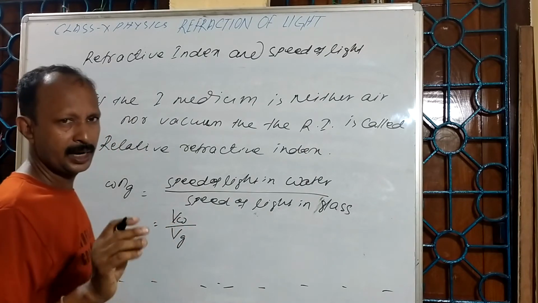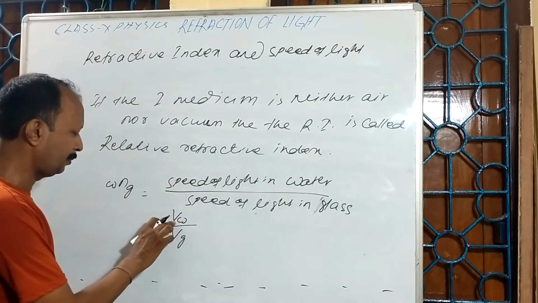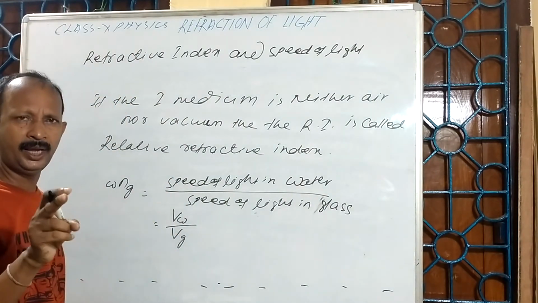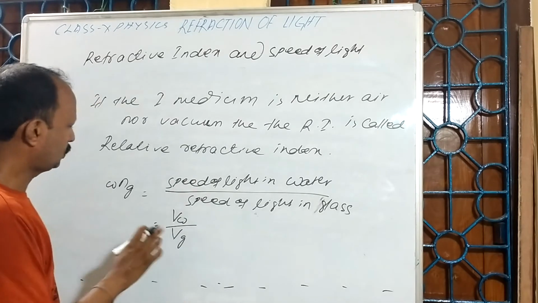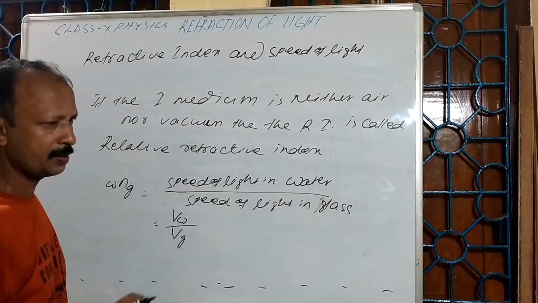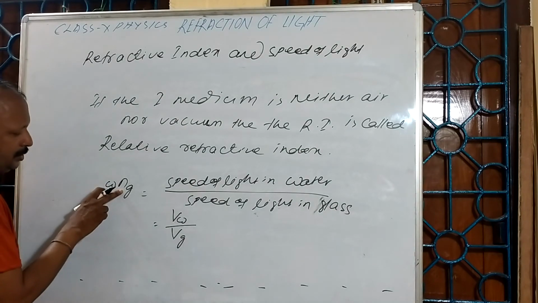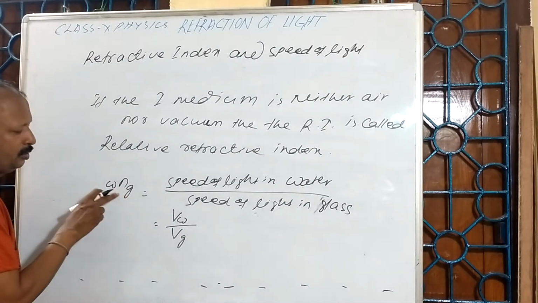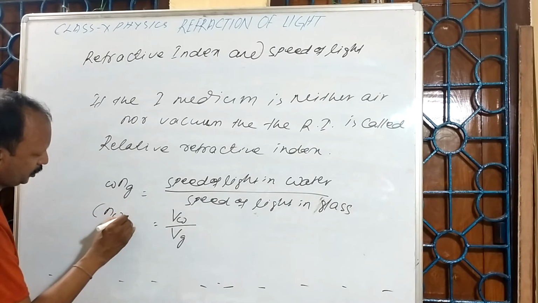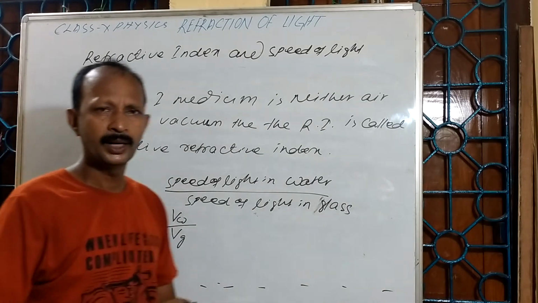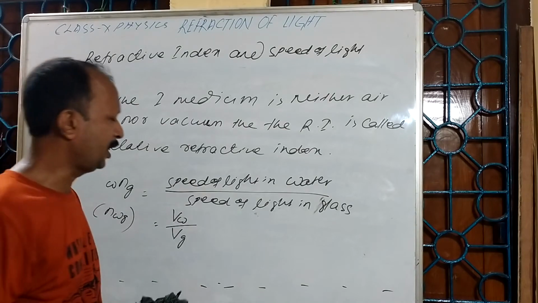This is relative refractive index, because here the first medium is neither air nor vacuum. So in this case we will use the term relative refractive index. I can read it as refractive index of the glass with respect to water, or we can write it as nWG. Some books also mention it like this. Both are accepted.